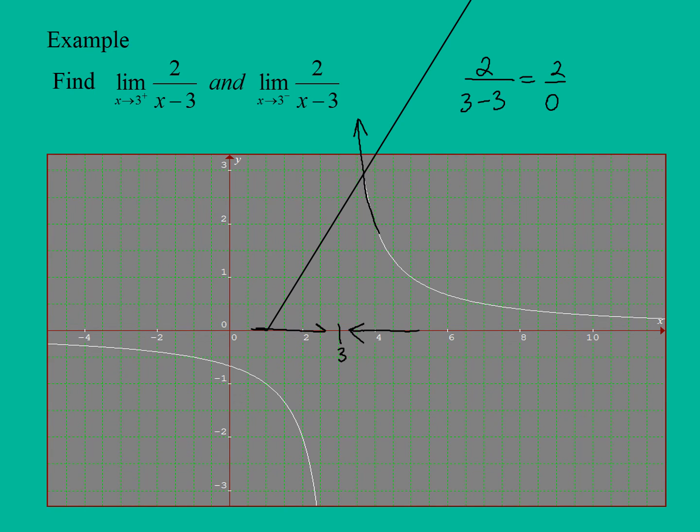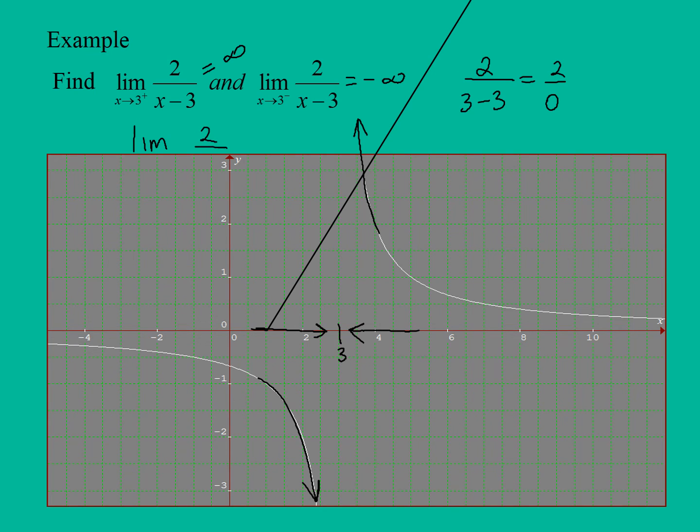So I'm going to let values approach 3 from the left. The y values are going off to negative infinity. So this one we said was going off to infinity, this one, negative infinity.